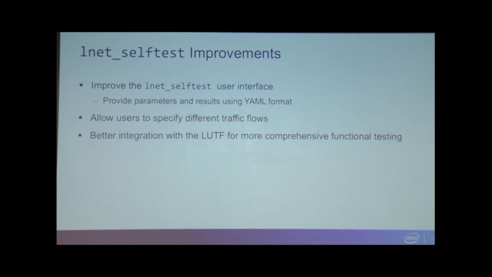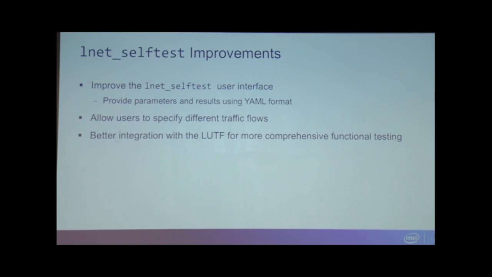Another thing that James touched on, again in the future a little bit, is we want to improve LNet self-test. Right now, the user interface is not great, so we're thinking about using YAML to interface with LNet self-test. Also, right now LNet self-test doesn't reflect the call flow that Lustre does.